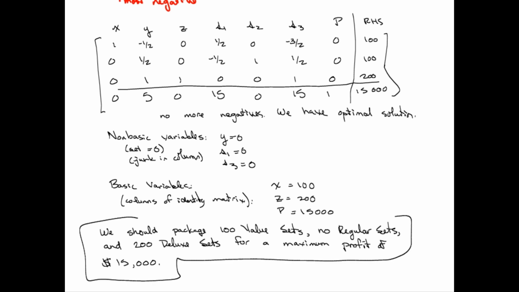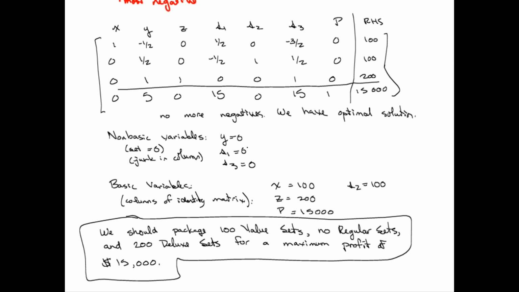Okay, it's important to point out what the S1, S2, and S3 represent. And in fact, I forgot to write S2 down when we did our basic variable. Sorry about that. My S2 is equal to 100. Okay, so remember S1 came from the first constraint, which had to do with the number of paring knives left that were available in the factory.